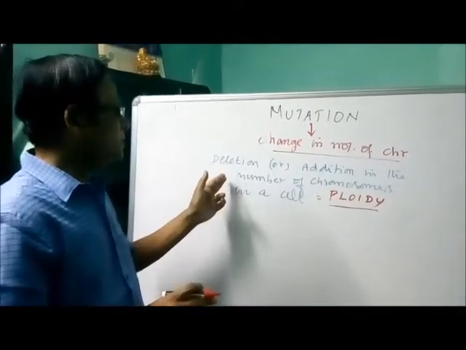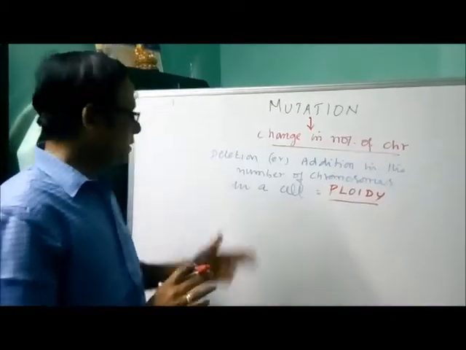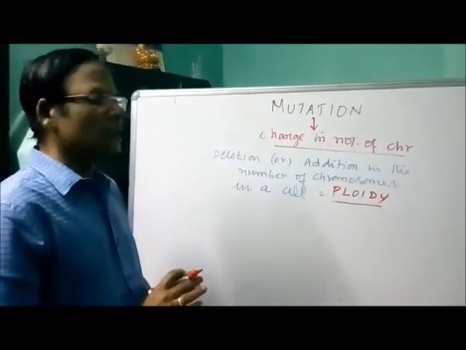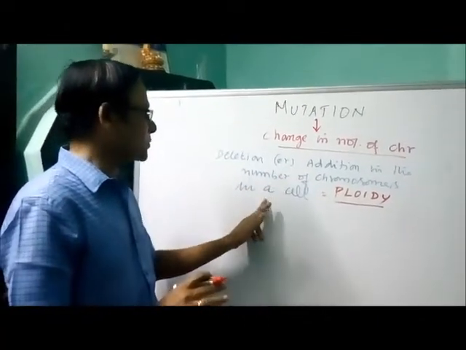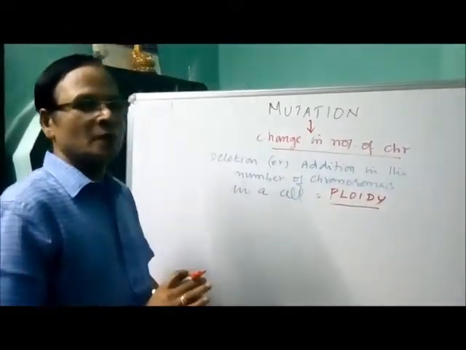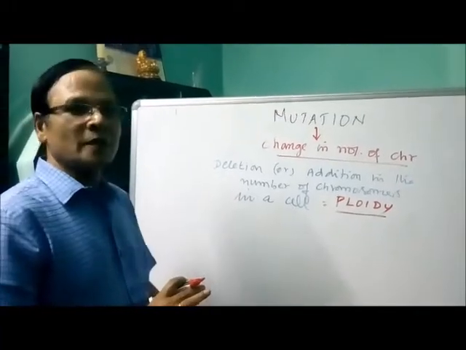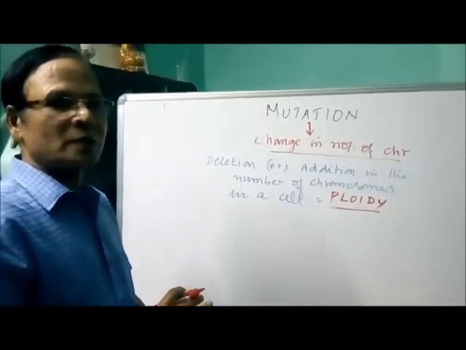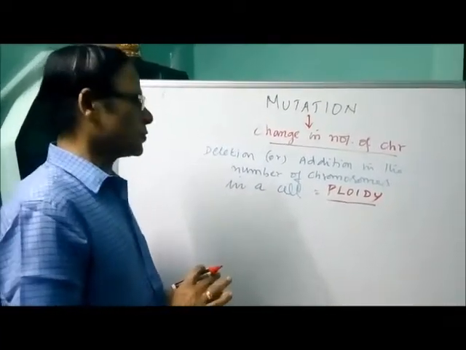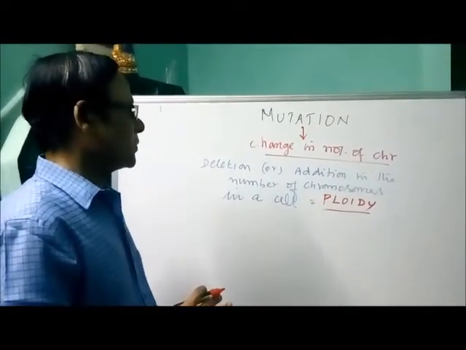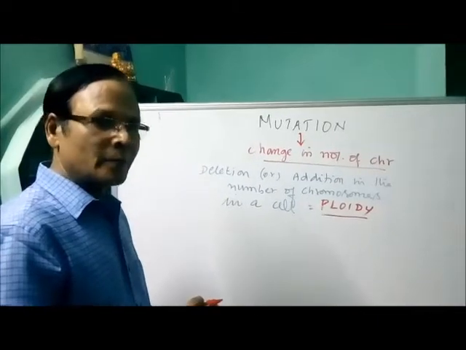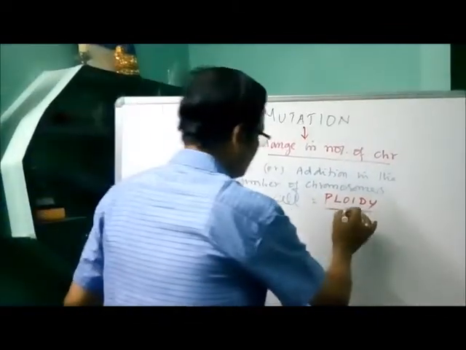So deletion or addition in the number of chromosomes in a cell is called ploidy. It may be the addition of an entire set of chromosomes, or the addition or loss of individual chromosomes. Accordingly, ploidy can be divided into two types.